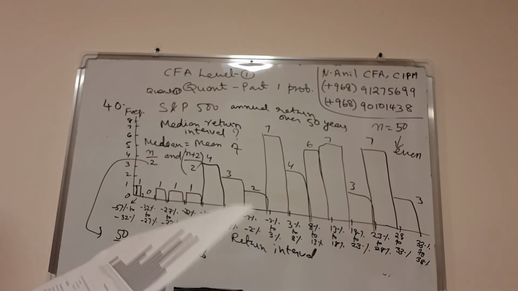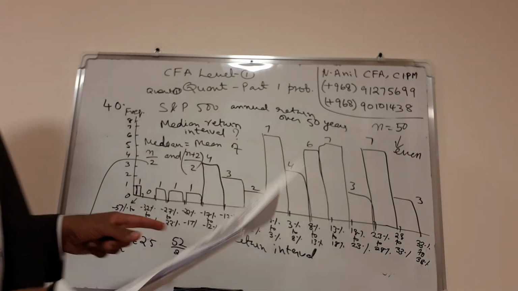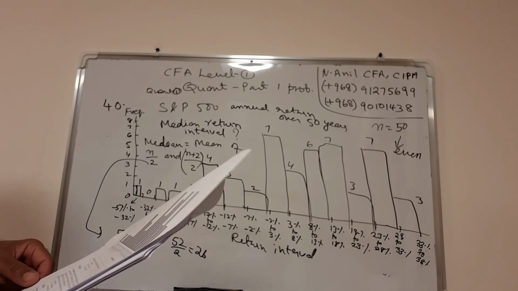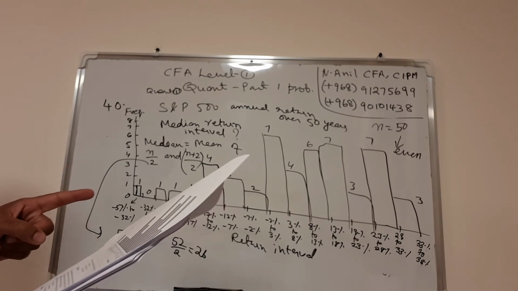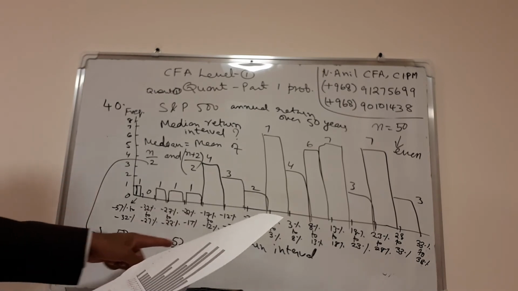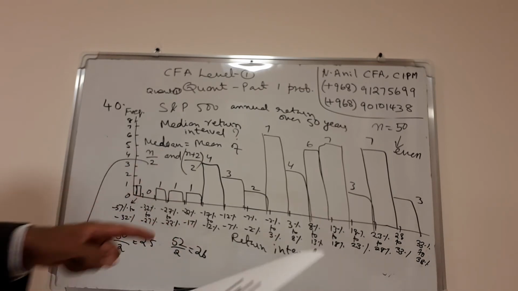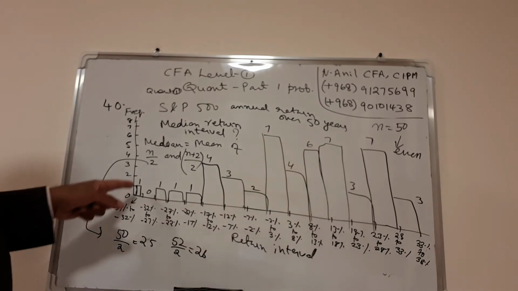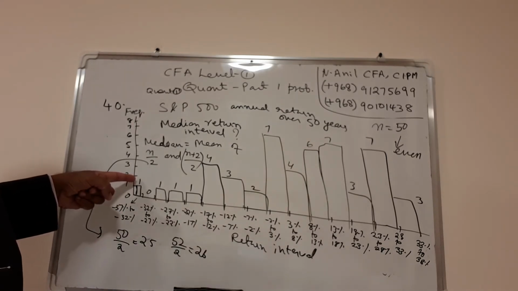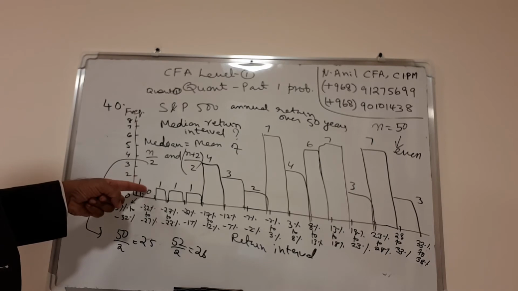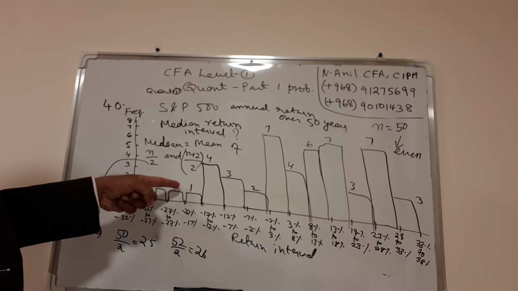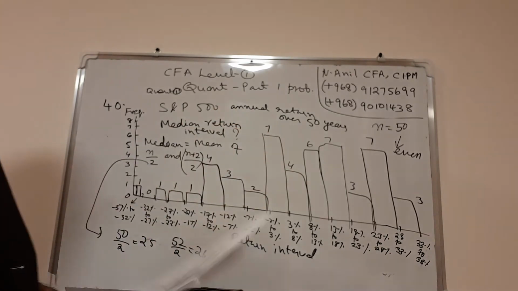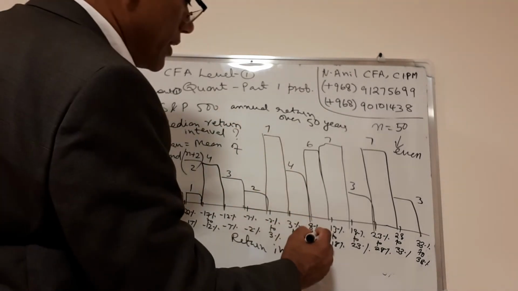Now we have to see where 25 and 26, the median positions, lie. Which interval will they form? These two, 25 and 26, will lie in which interval? So you start from the beginning: 1, 0, 1, 2, 3, 4, 8, 11, 13, 20, 24.